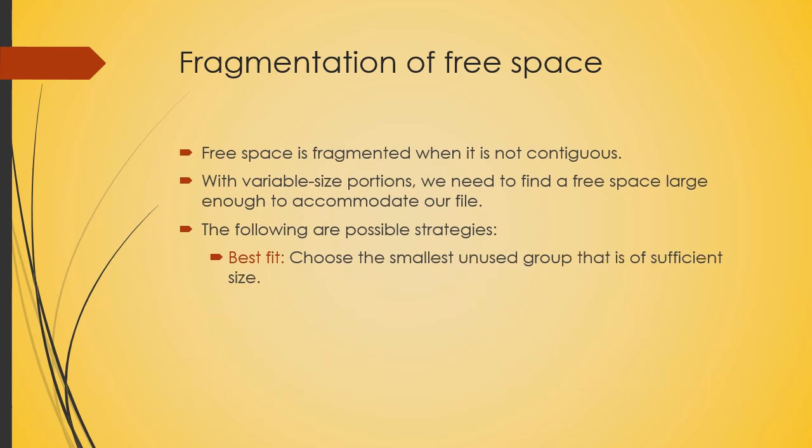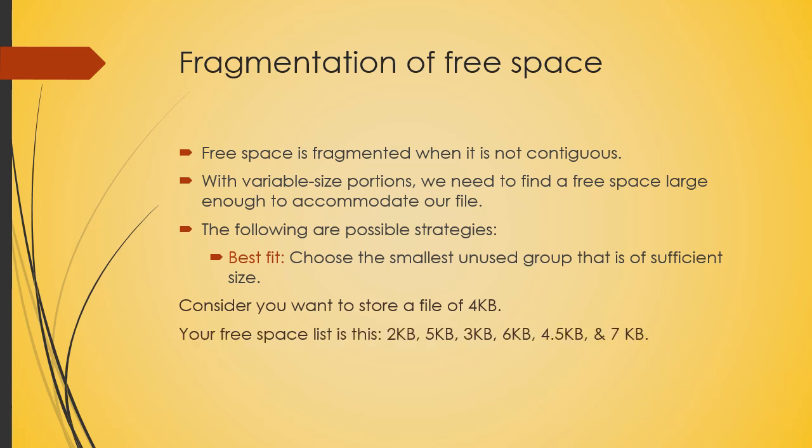Best fit. Choose the smallest unused group that is of sufficient size. Consider you want to store a file of 4 KB. Your free space list is this: 2, 5, 3, 6, 4.5 and 7 KB. Best fit provides you the second last free space of 4.5 KB.